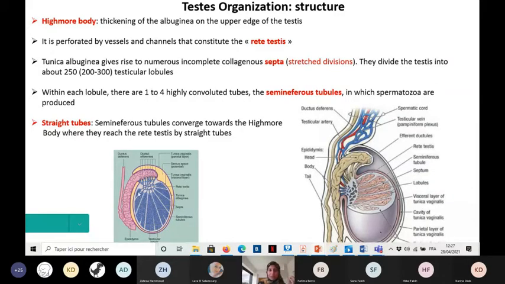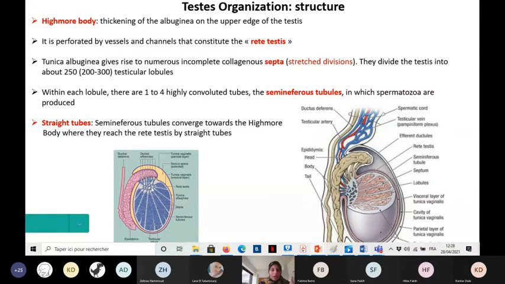As you can see, the seminiferous tubules will converge to give the straight tubes, that will reach the Highmore body and form channels in the Highmore body.